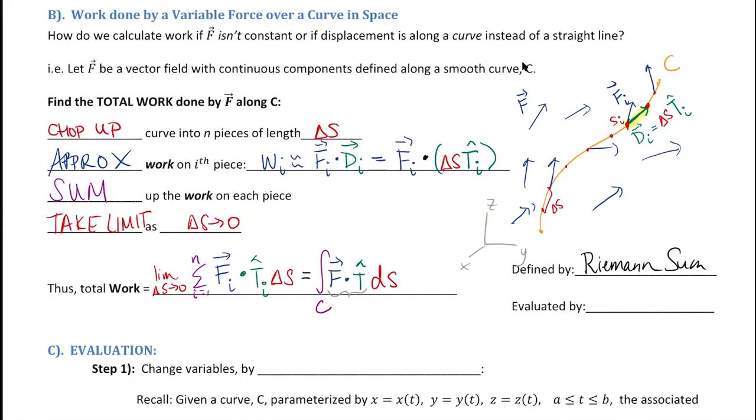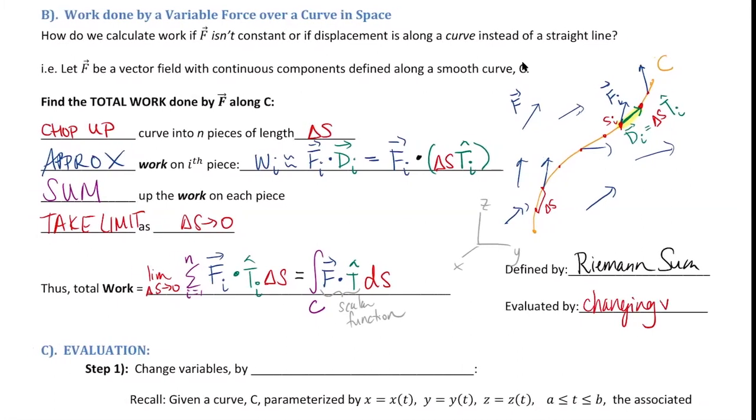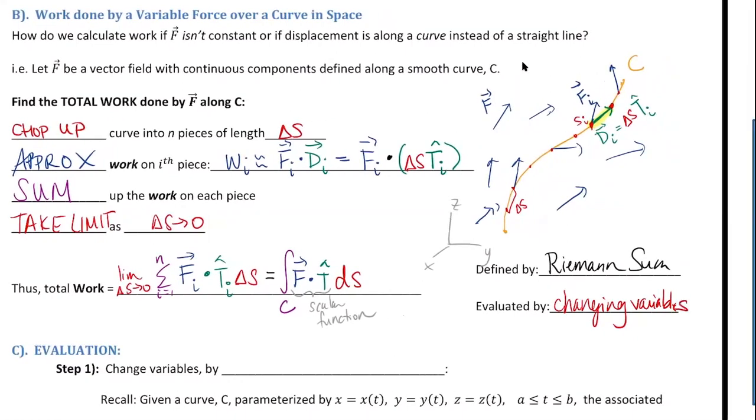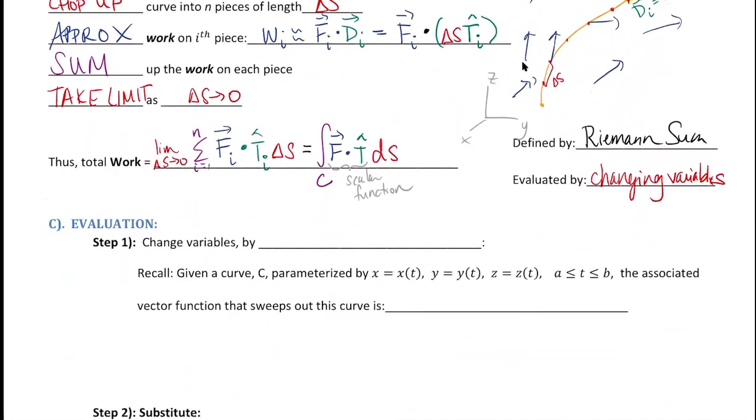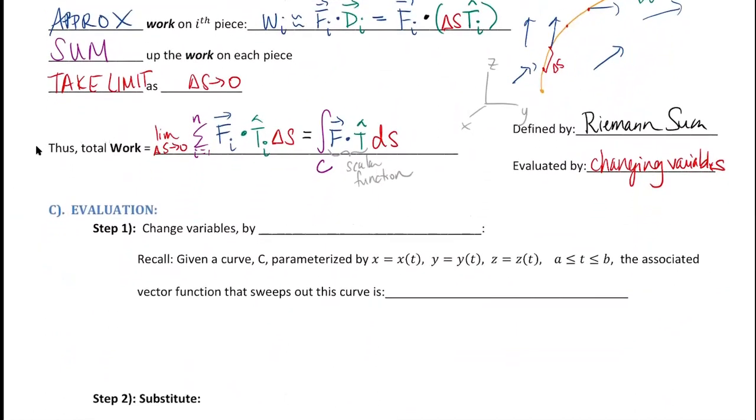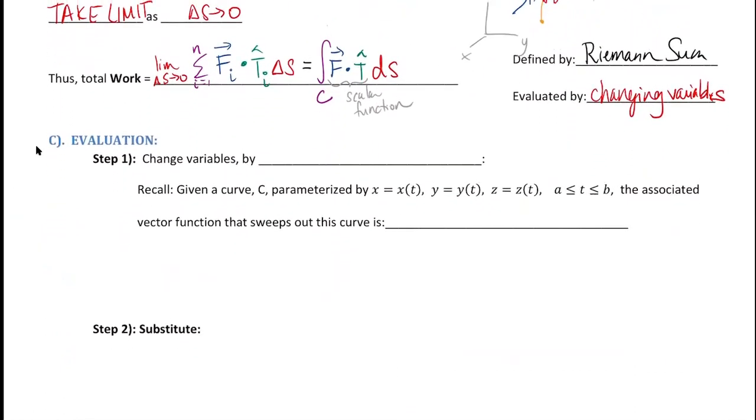You're going to end up with a scalar function of x, y, and z, and then we want to be able to evaluate it by changing variables and converting everything to t, like we did in the last lesson. So let's write out what we know about how to do this from our last lesson. So we're going to change variables by parameterizing the curve.